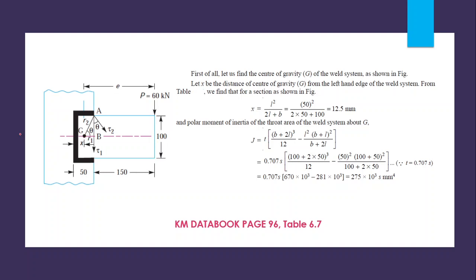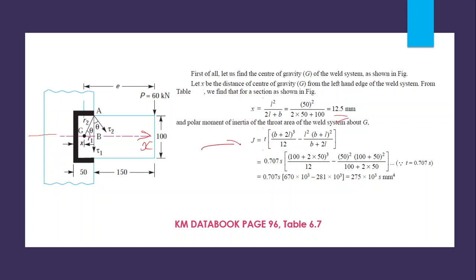If we treat this center line as the x-axis, then the y coordinate of the center of gravity is already known, that is equal to 0. The x coordinate we can easily calculate by using this equation, which is given in the KM data book, page number 96, table 6.7. Then x is equal to 12.5 mm.